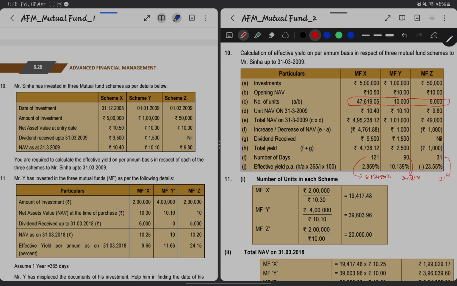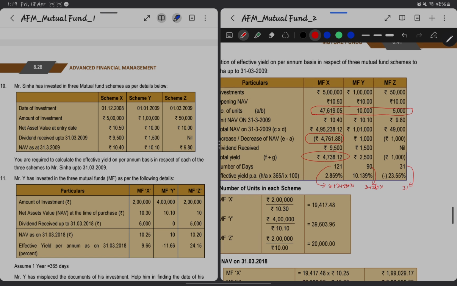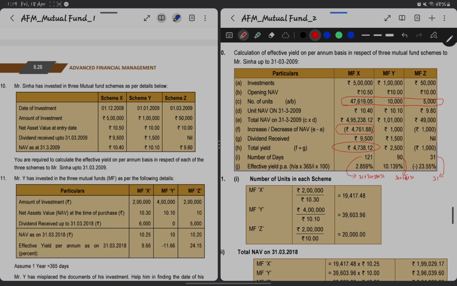So 47,619.5 multiplied by 0.1, that is, the number of units multiplied by the differential 10.5 minus 10.4, will give us the decrease or increase in NAV, which is nothing but the capital appreciation. In the first case, it is a decrease in NAV. So the decrease in NAV in case of X is 4,761.88, and there is a dividend received of 9,500. Net total yield is 4,738.12 in mutual fund scheme X.